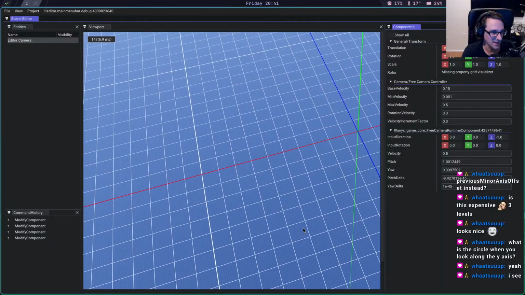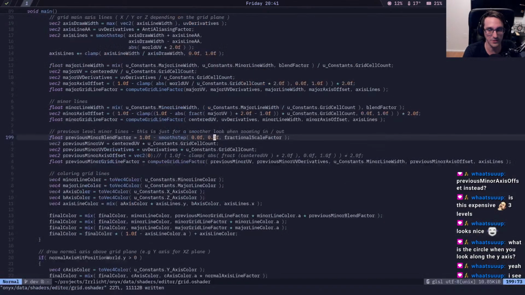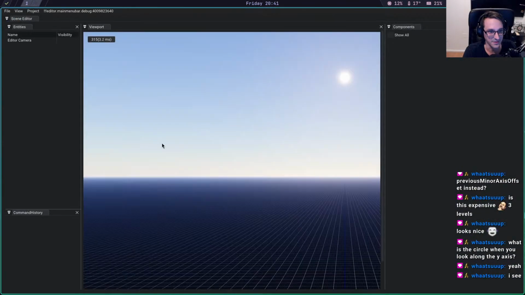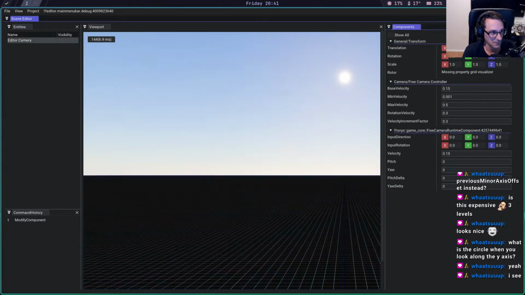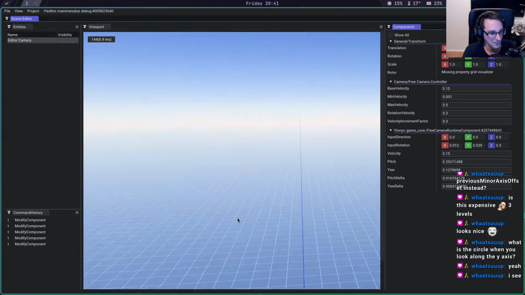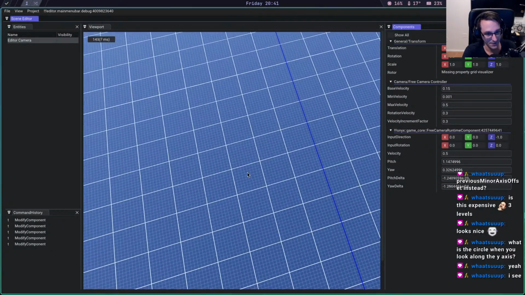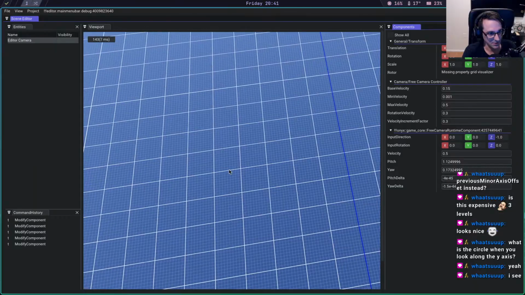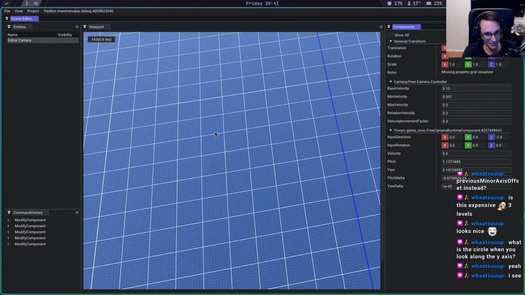Actually, sorry, we have 0.5 as the blend factor. I think that's too much, to be honest. I think 0.3 is probably good enough. Maybe that's even too much, I don't know. So at 10,000 we go up, and now we scale in those outer lines here, probably.